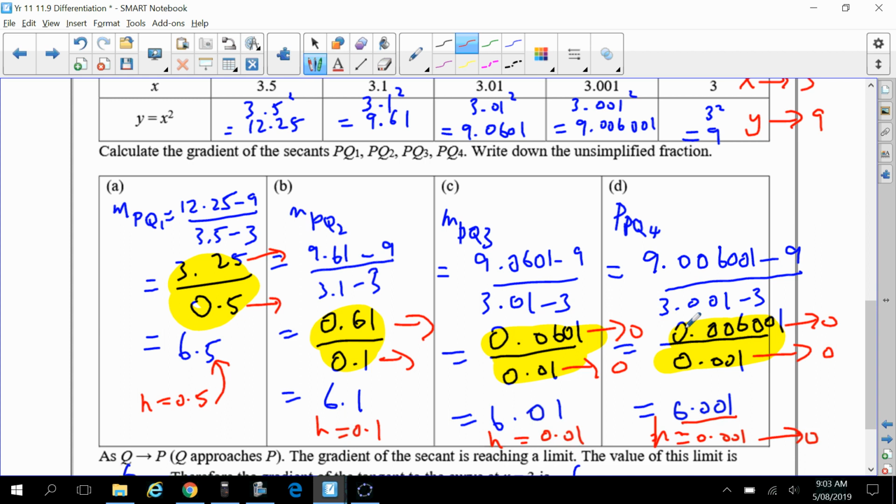Infinitely small calculus. See, infinitesimal calculus, we're studying the very small, right? We divide something very small by something very small, and somehow the ratio becomes 6. It's mind-boggling. Very small, infinitesimally small, and the ratio is 6.